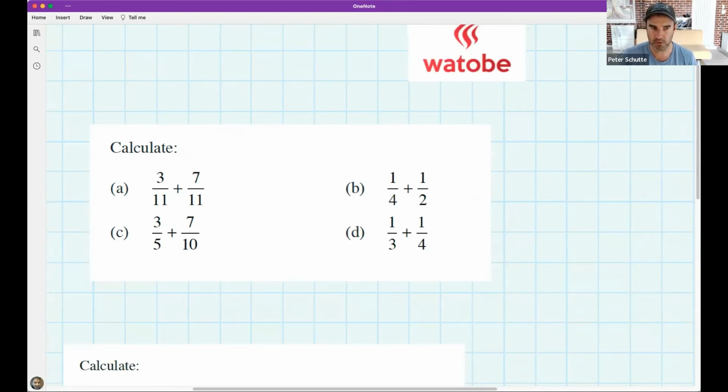And we're still working with this idea that when we're adding two fractions or subtracting them, we really need to make sure they belong to the same family. And what I mean by that is they have the same denominator. Now, in case 1, it's all good. They're from the same family. But when it gets to case 2, you have to do an extra step. And so I leave that to you to figure out.